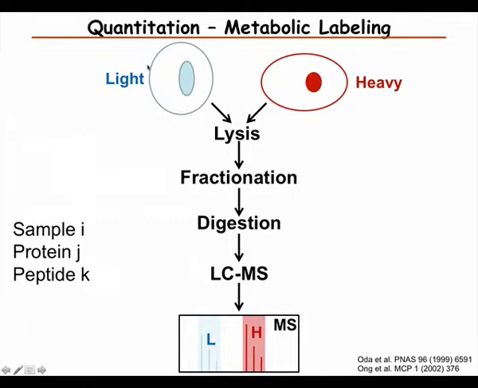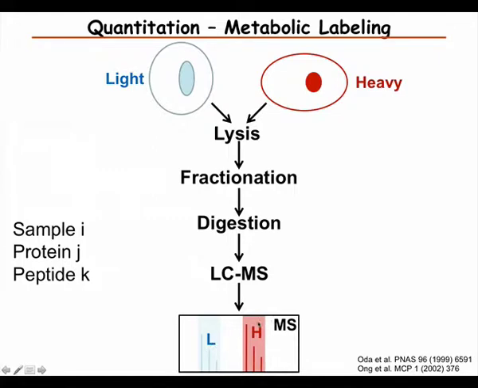So they only grow separately, but then we mix them, and then the assumption is that they behave the same throughout all the fractionation, digestion, and liquid chromatography and mass spectrometry. And we end up then with 2 isotope distributions for each peptide.